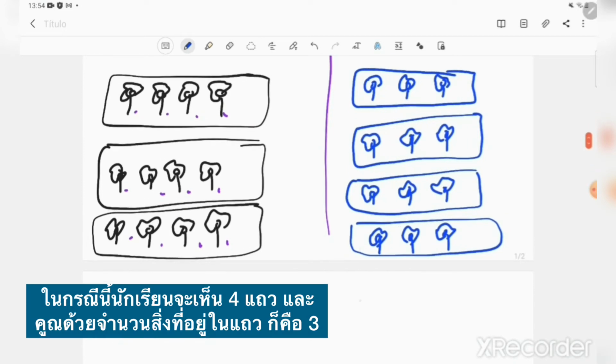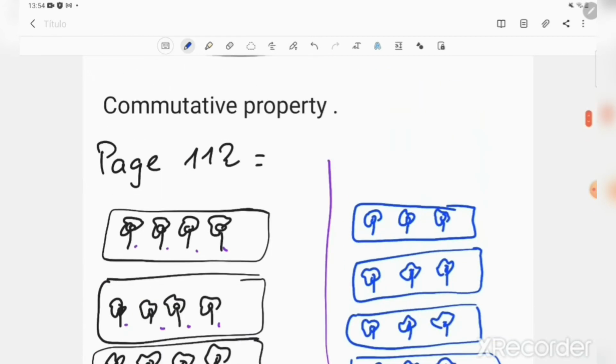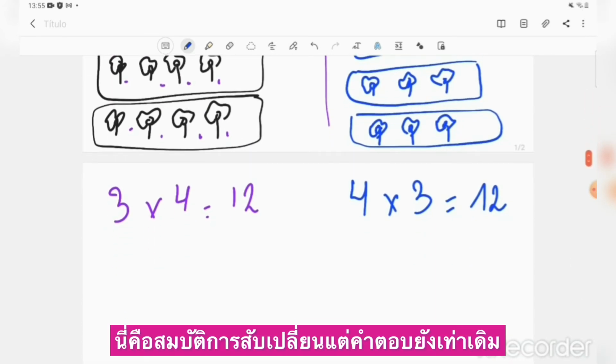You see, in this case we can say that the number of rows, which is 4, multiplied by the number of plants inside of each row equals, well, how many plants are inside of each row? 3 equals 12. Okay, as you see, here we have a commutative property, which means that in a multiplication we can switch the position of the numbers and we'll get the same answer.